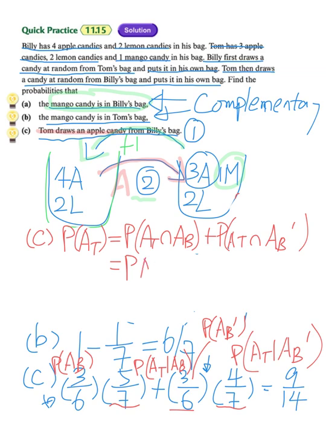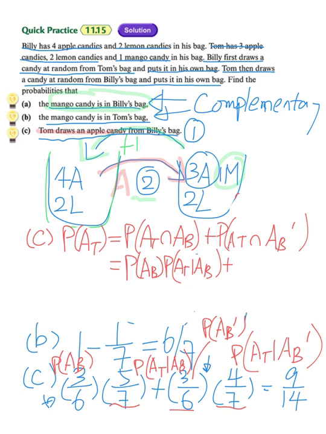so then it will become like this. So first we need to know whether Billy has the apple candy, and then multiply, given that Billy gets the apple candy, the probability of Tom getting the apple candy.